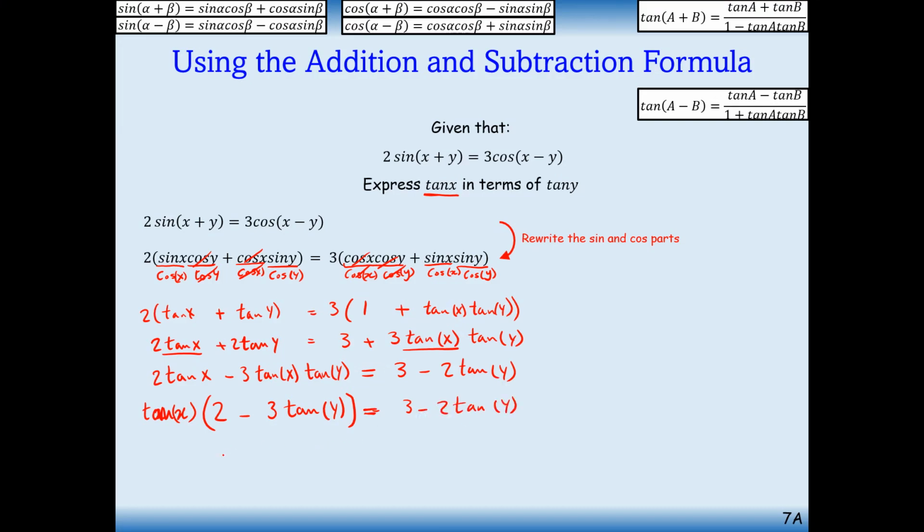So the final step of this equation is to divide both sides by this bracket, 2 minus 3 tan y. So I'm going to keep the right hand side as it is on top of the fraction and have the denominator to be 2 take away 3 tan y.